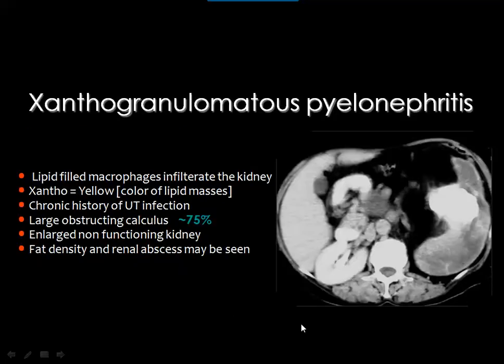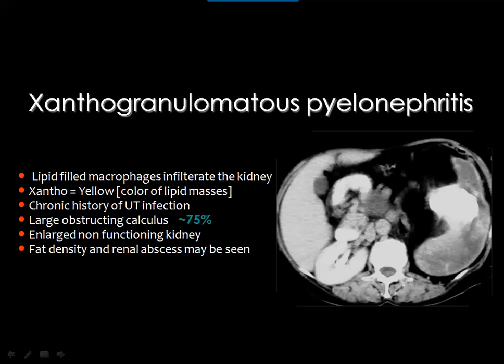Then we come to xanthogranulomatous pyelonephritis, which is a rare form of chronic pyelonephritis. Here the kidney is infiltrated by lipid-filled macrophages. The kidney will sometimes be very large, and one of the landmarks for this pyelonephritis is the presence of a big stone in the kidney, together with extensive areas of fat deposition, together with almost loss of the function of the kidney.